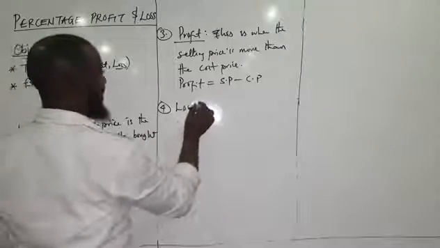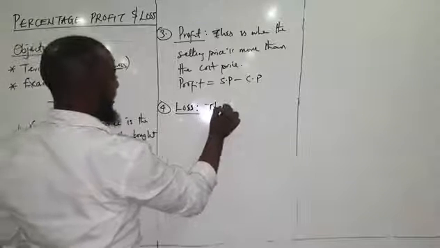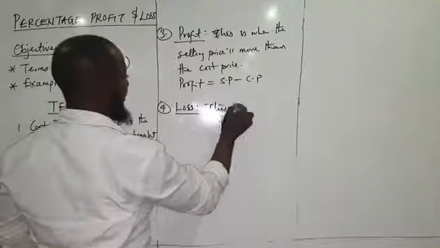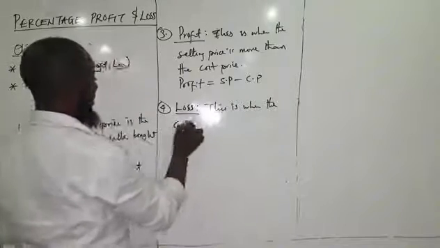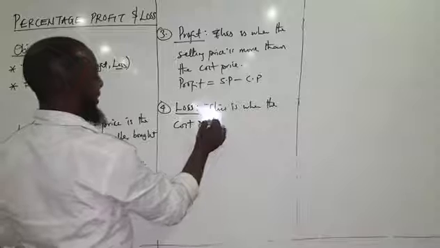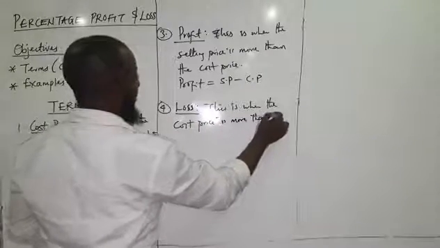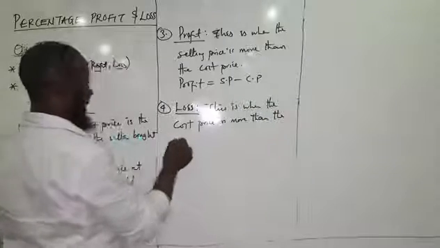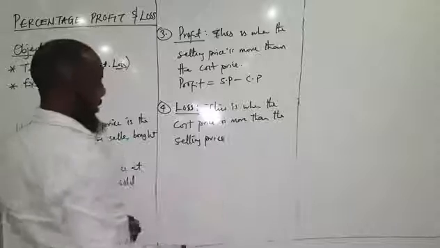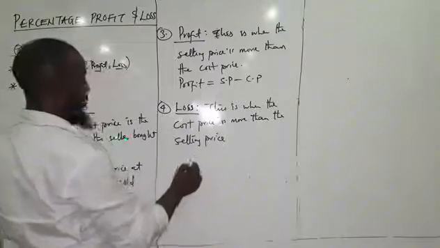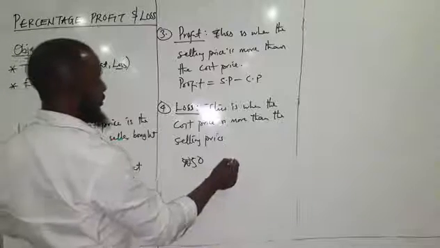So in that case, that means that loss here, this is when the cost price is more than the selling price. For example, you bought a pen for 50 naira and you now sold it for 45 naira.